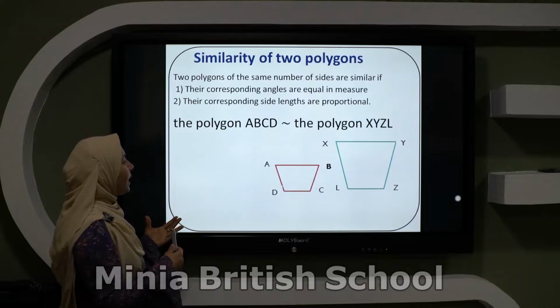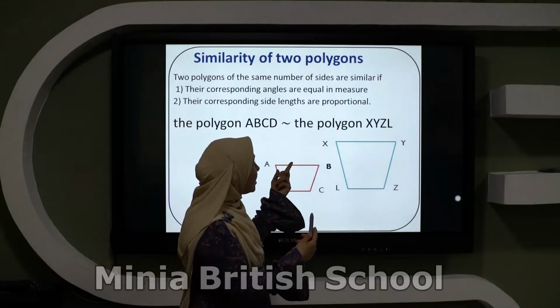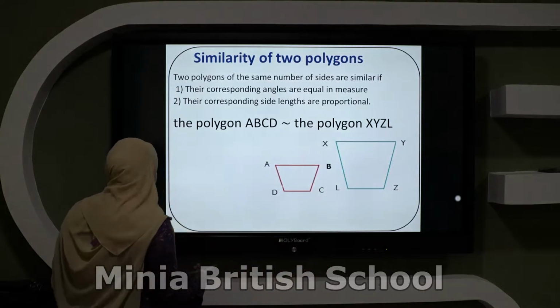Now, the polygon ABCD is similar to the polygon XYZL, okay?